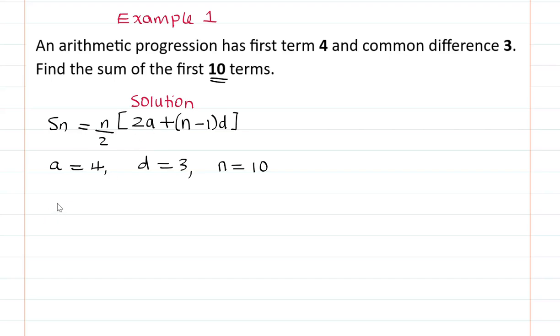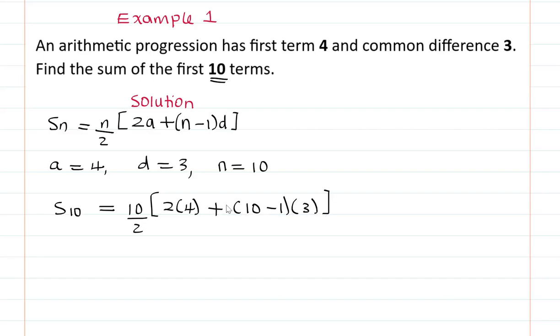So we shall have the sum of the first 10 terms, S10, equals n, the number of terms, which is 10, over 2, into 2 times a, 2 times 4, plus (n minus 1), our n is 10, times d, our d is 3.